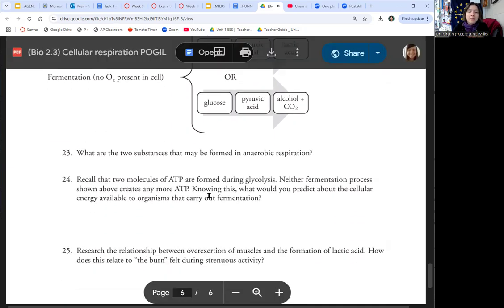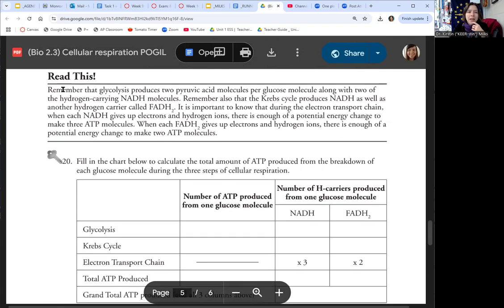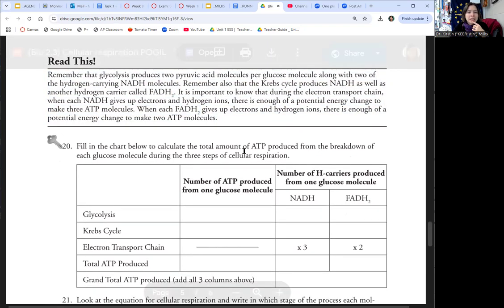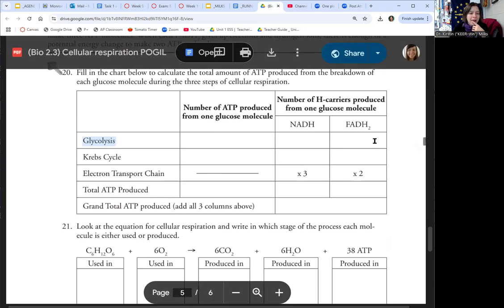So the part that we kind of skipped over that I want to make sure that we've talked about is helping you remember the numbers of molecules that get made. So I wanted to tell you glycolysis makes two ATP produced from one glucose molecule. And glycolysis happens all the time.